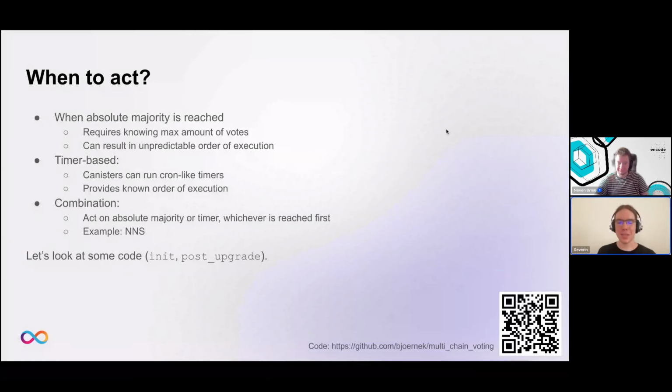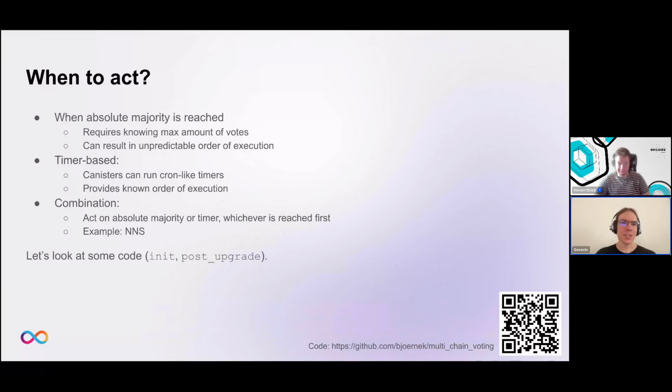So now that we have a way to create proposals and sort of safely vote on them, at some point a decision has to be made. There's a couple common schemes of how we decide when to act. The two very obvious ones are when you get an absolute majority or just based on a timer.